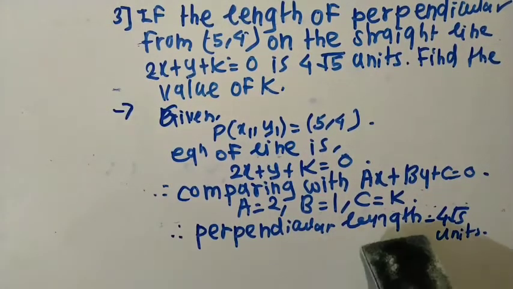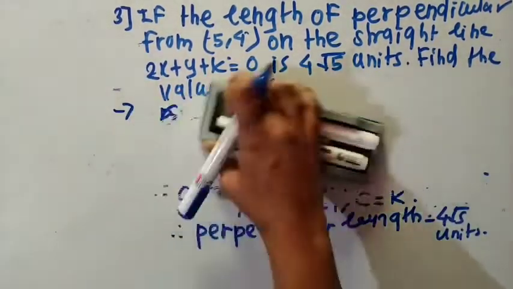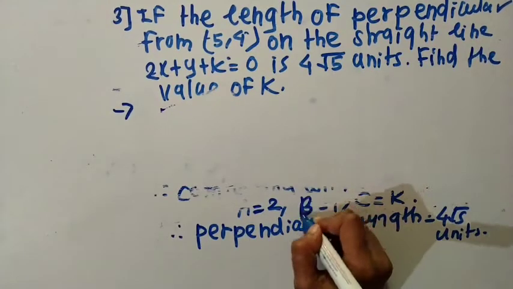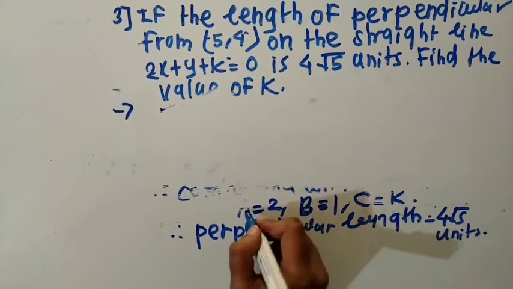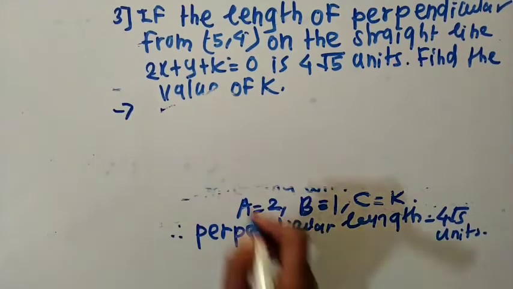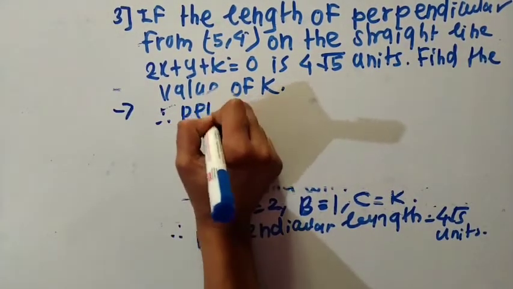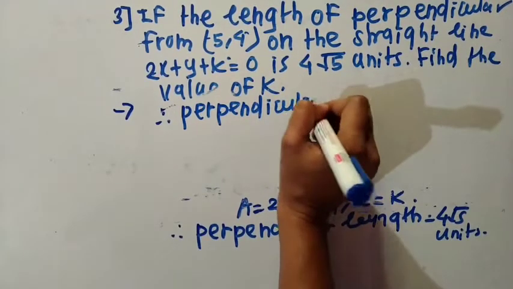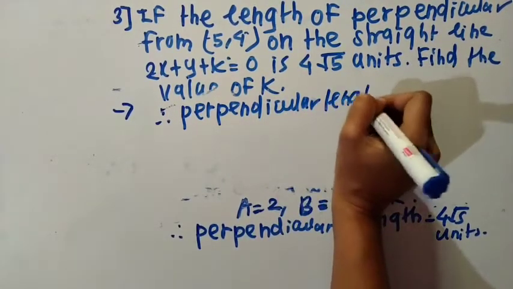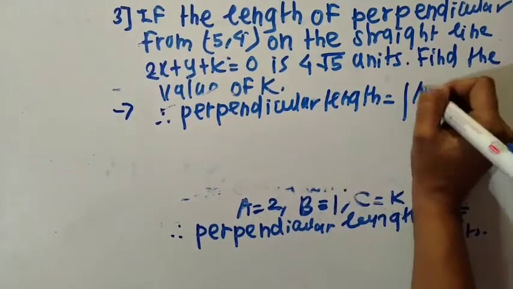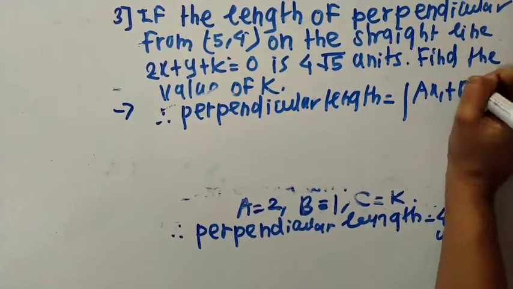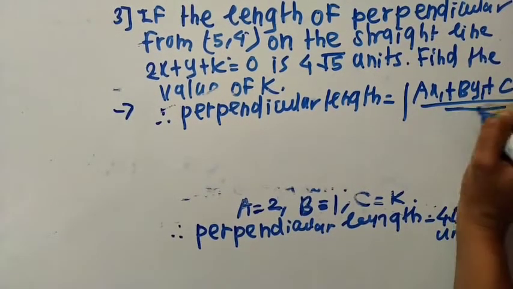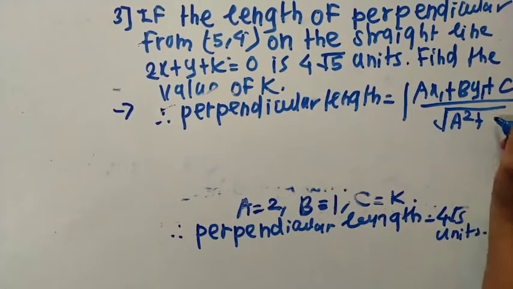Here the perpendicular length is given, so we find out. The perpendicular length is equal to |ax1 + by1 + c| upon root of a square plus b square.